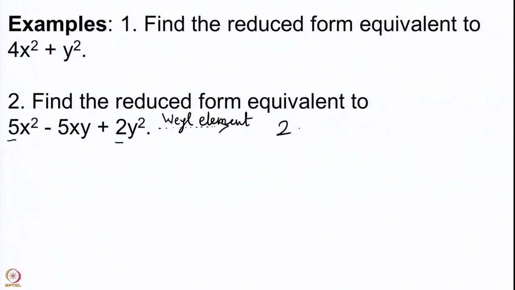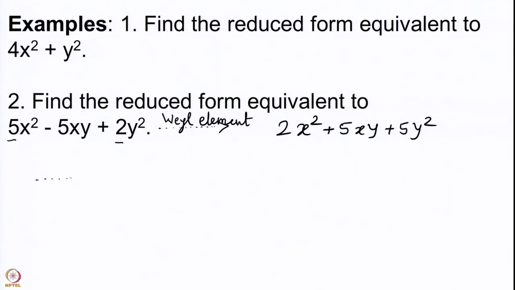To get 2x square, the sign of b will change, plus 5xy plus 5y square. So, we obtained a form where now the coefficient of x square, which is 2, is less than the coefficient of y square, which is 5.